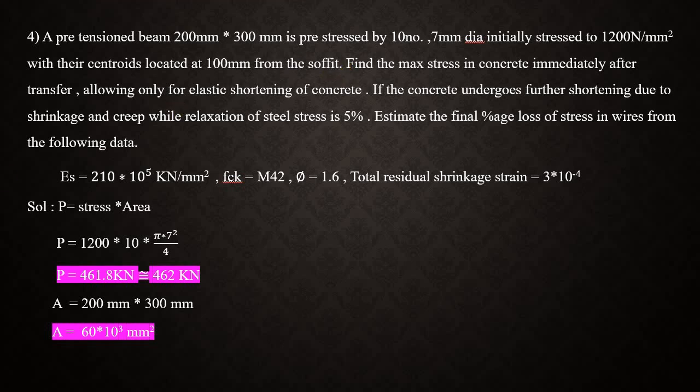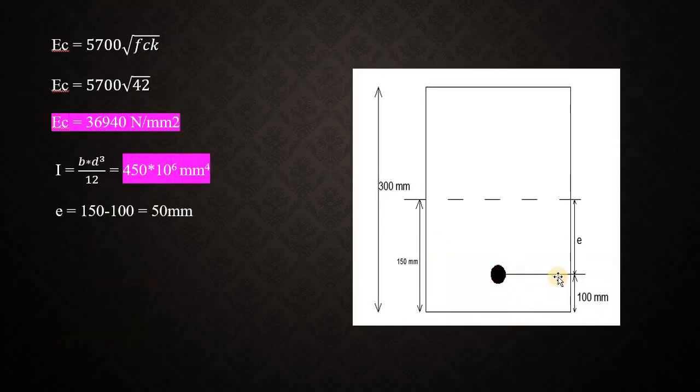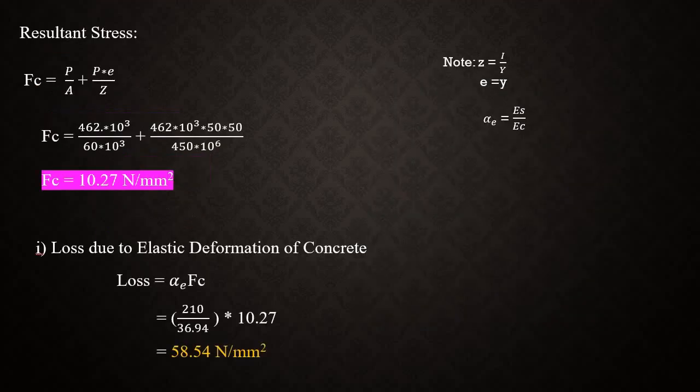That is nothing but the cable is placed at a distance of 100 mm from the bottom. The soffit means bottom. So we require only this E value, that is eccentricity, from the center of the cable to the neutral axis. So it is 50 mm.